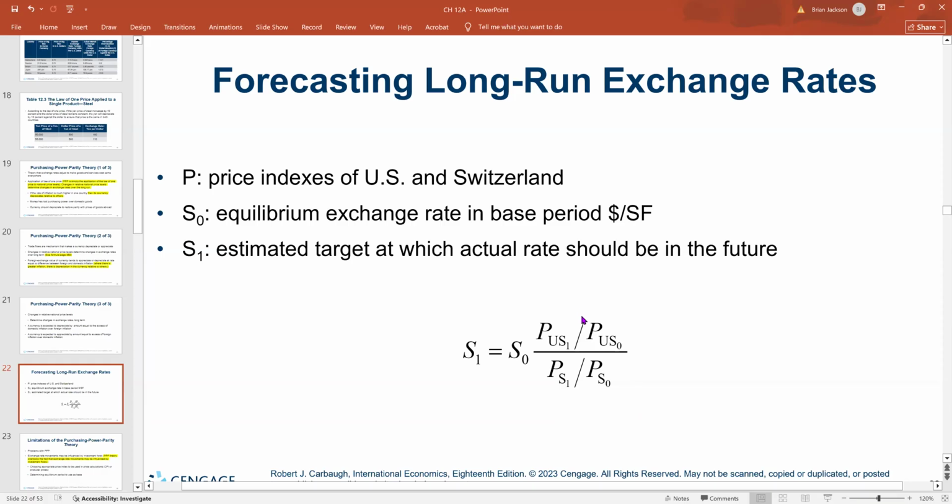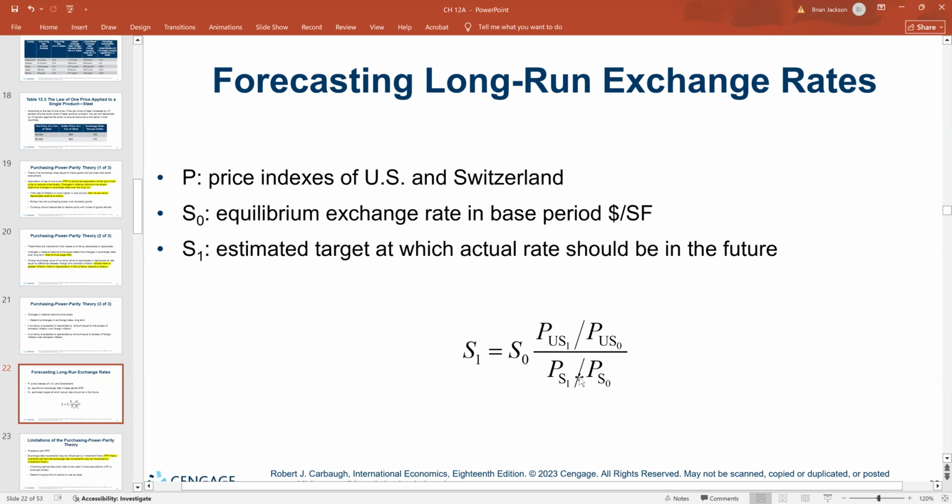It's going to be greater than one when you have inflation. So if a basket at the end of the previous year cost $100 and then it cost $120 at the end of the next year, then there was 20% inflation. This would be 1.2, but that fraction would represent a 20% inflationary change in prices in the U.S.